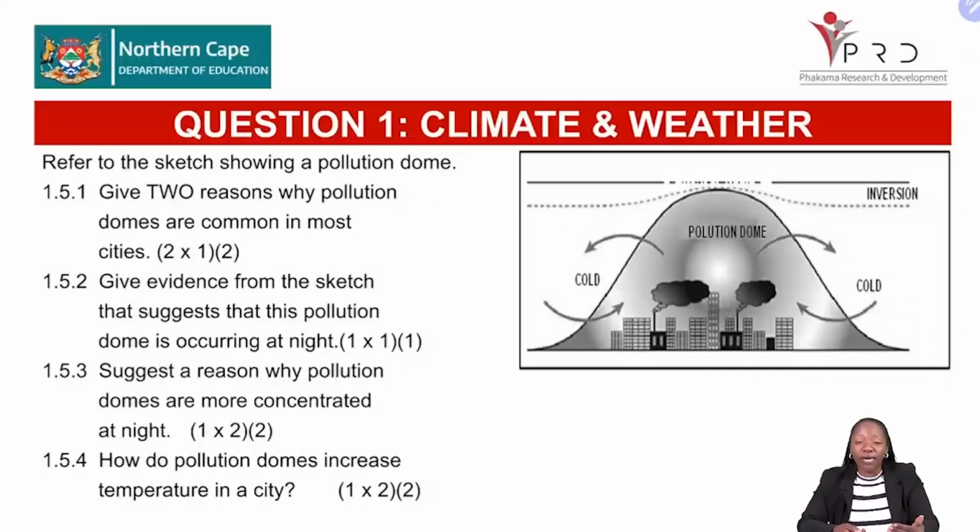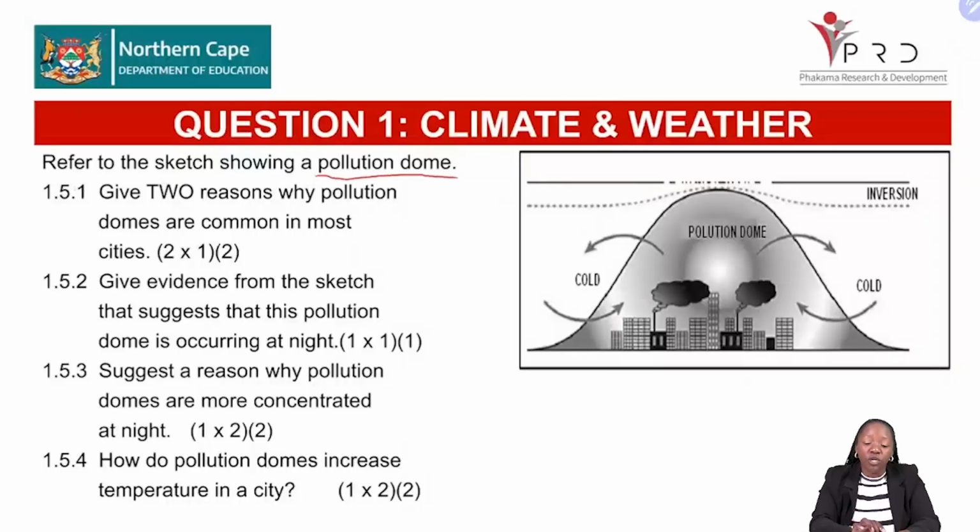Then we begin with the business for today. As we said, we are preparing for our paper 1 revision. Question 1, we've already mentioned, is where you're supposed to expect any question from your climate and weather. So, refer to the sketch showing a pollution dome.